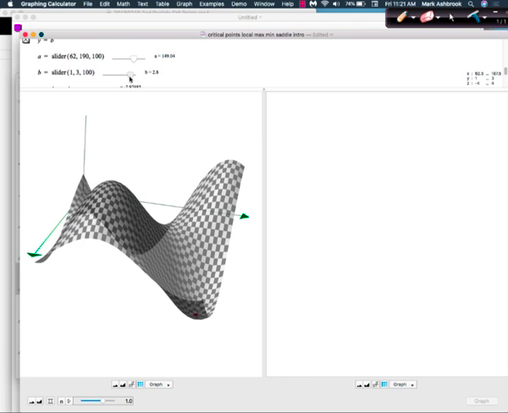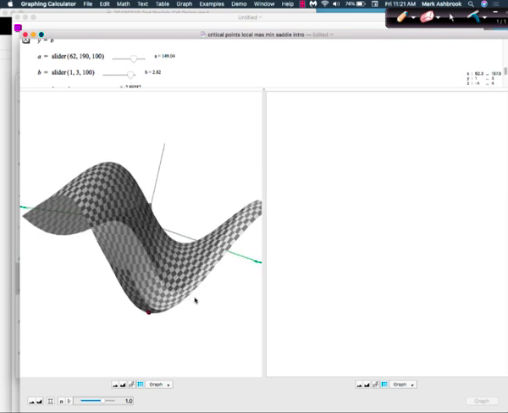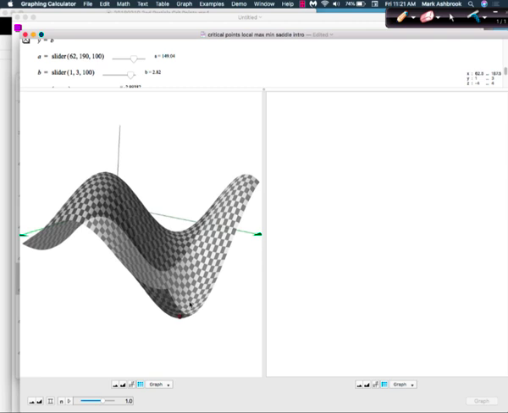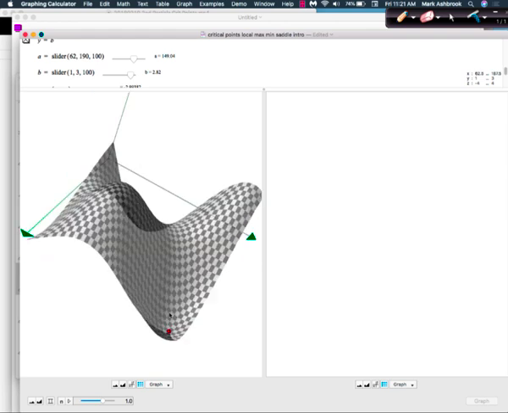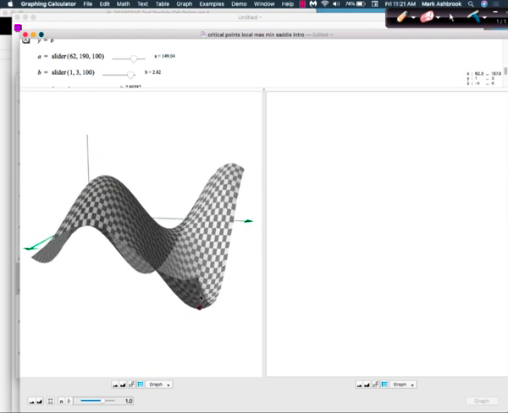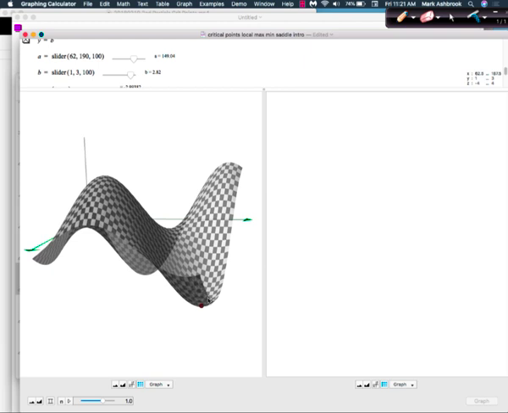Right there, right? So there's another place at the very bottom. Every directional derivative, including both partials, equals 0. So we have a local minimum there, right?